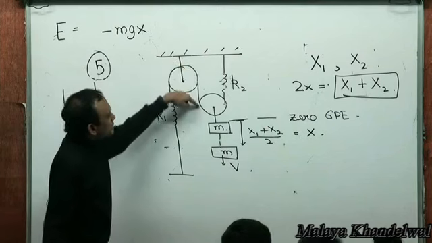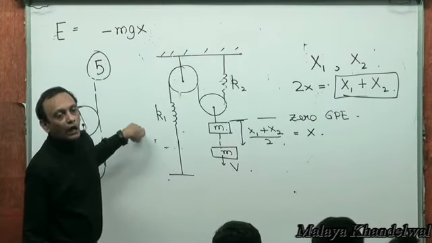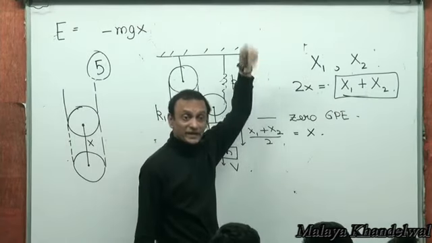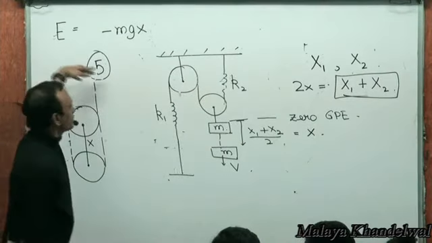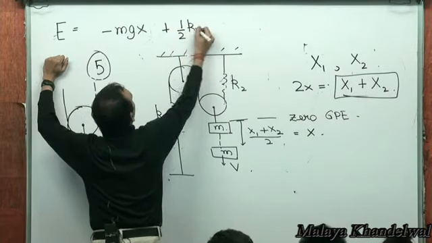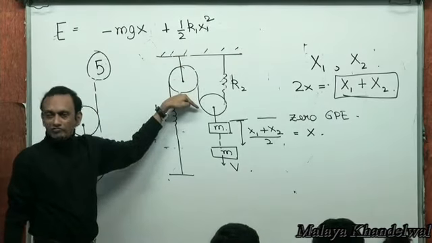What is the elastic potential energy in spring with force constant K1? It has elongated by an amount x1. The other spring is elongated by an amount x2. So half K1 x1 squared for the spring. For this spring, half K2 x2 squared.